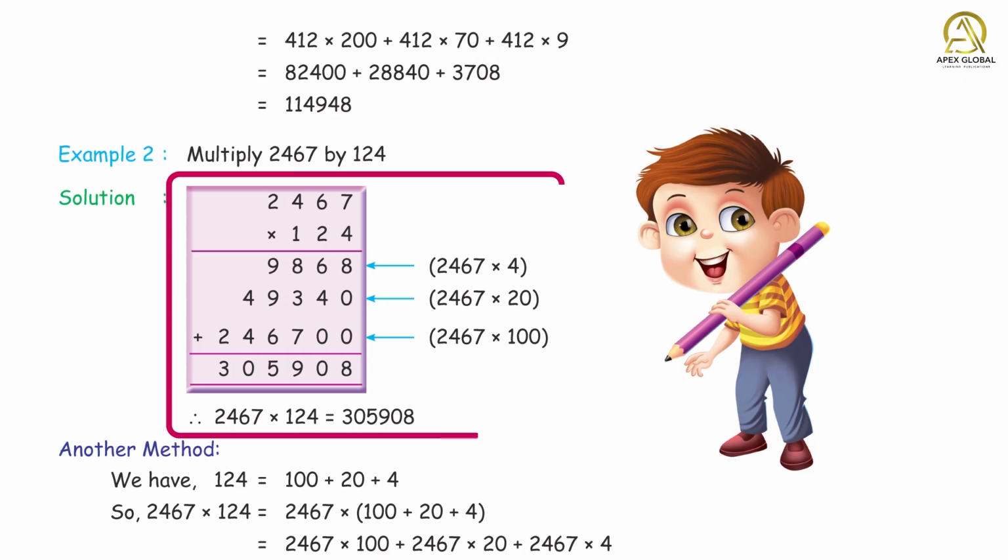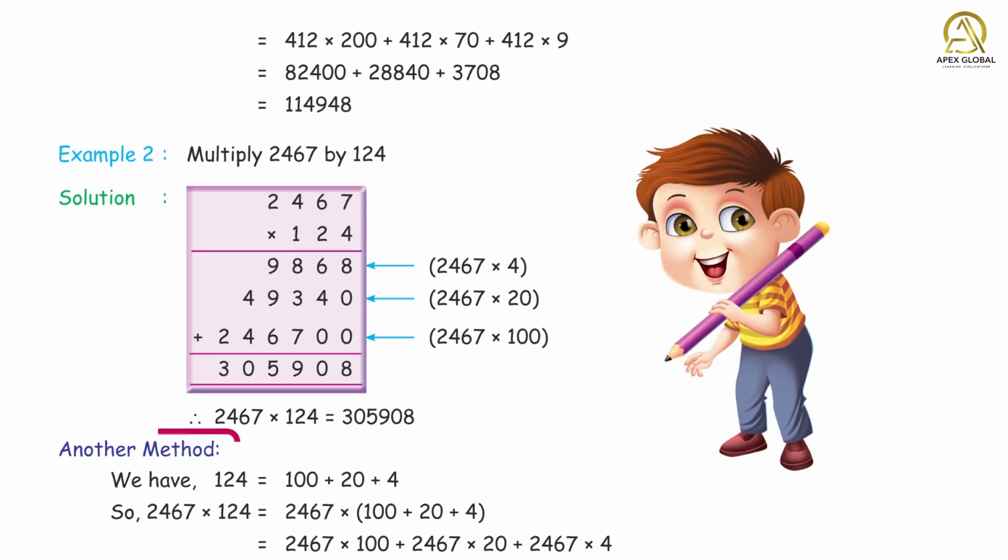Solution: 2,467 into 124 is equal to 3,05,908. Another method, we have 124 is equal to 100 plus 20 plus 4.